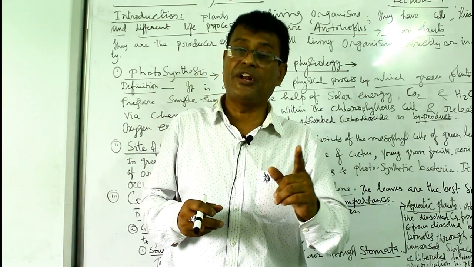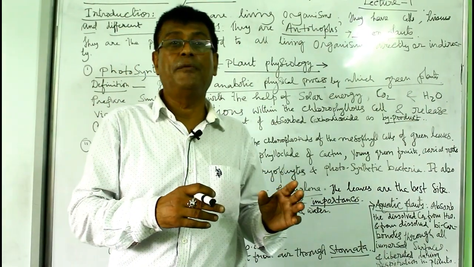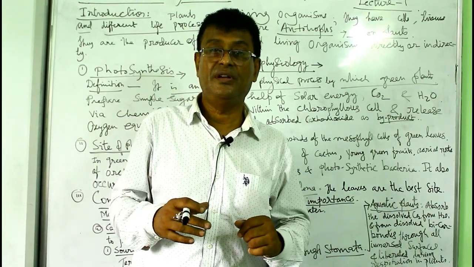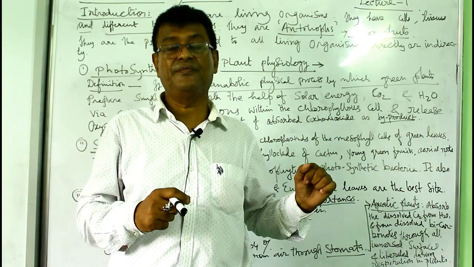This green pigment is a kind of cell organelle known as plastids, especially chloroplastids.